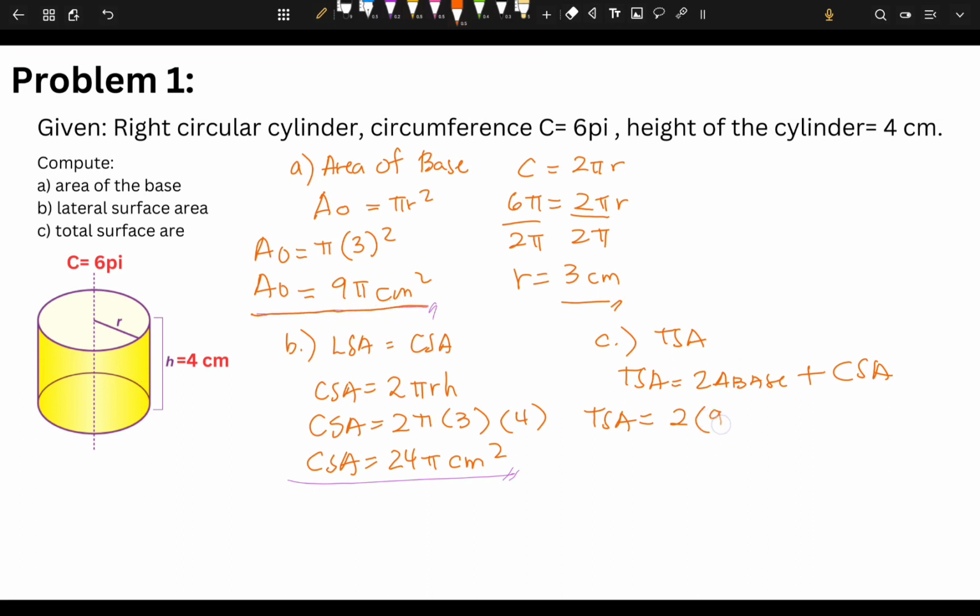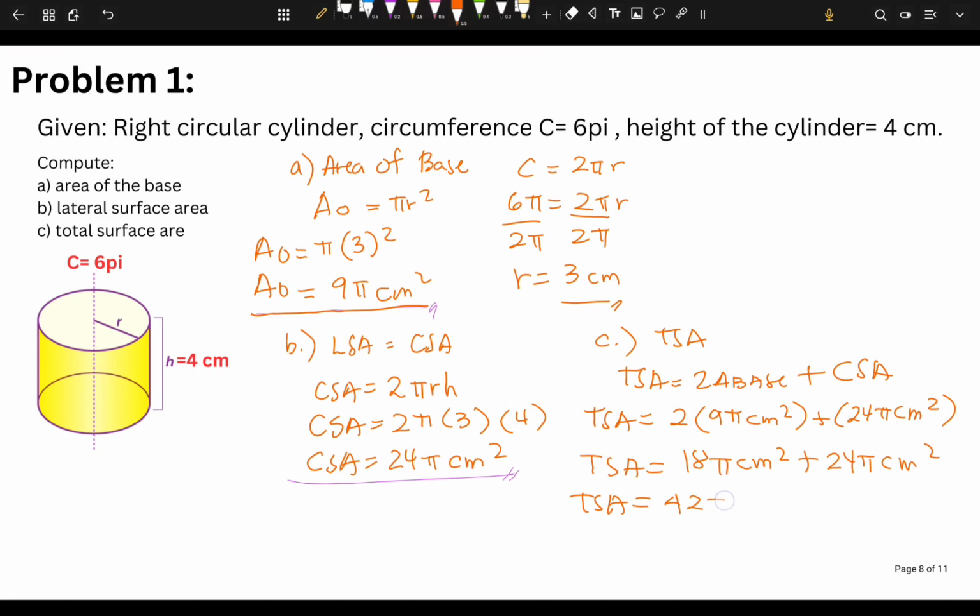So we have 9 pi cm squared plus tayo ng CSA natin is 24 pi cm squared. So TSA is equal sa 18 pi cm squared plus 24 pi cm squared. So TSA natin will be equivalent to, so 18 plus 24, that is 42.